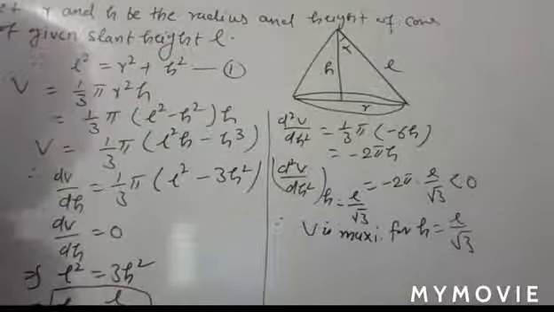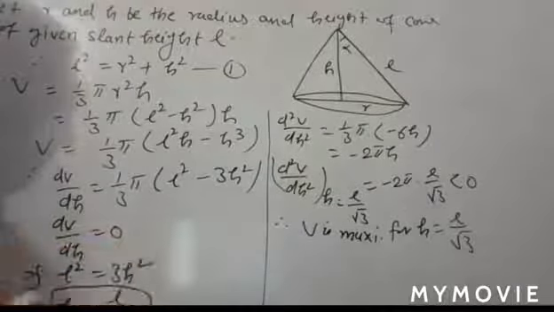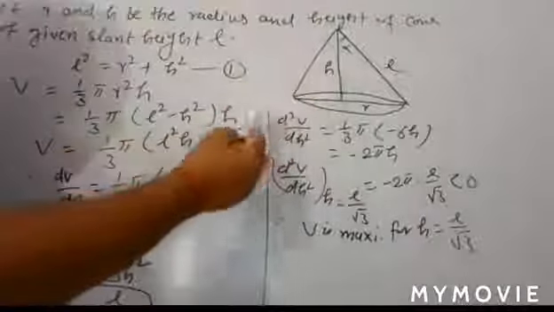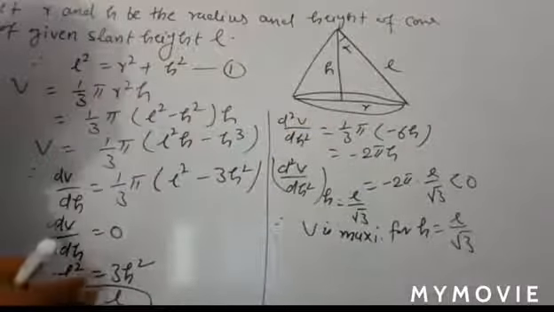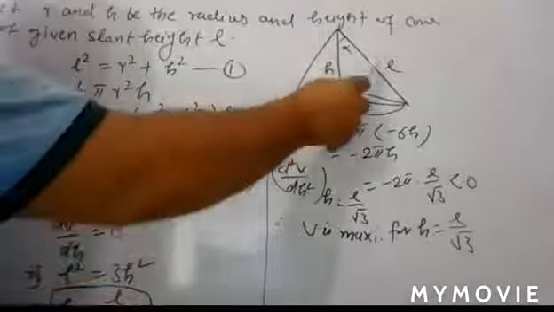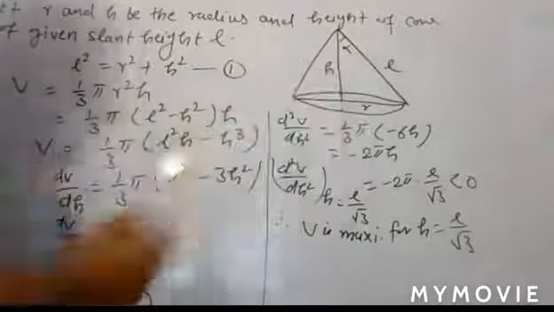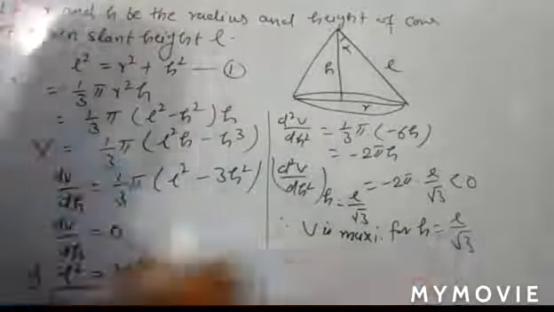And if you want to find the value of semi-vertical angle in terms of cos, base upon hypotenuse, so H by L is cos alpha.